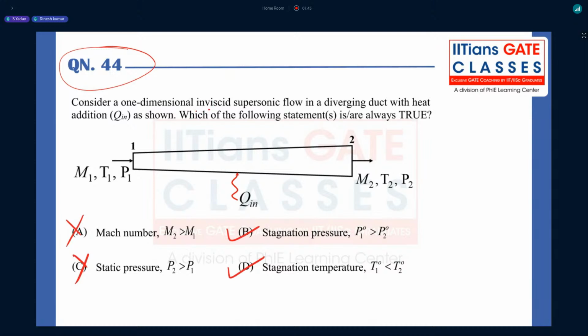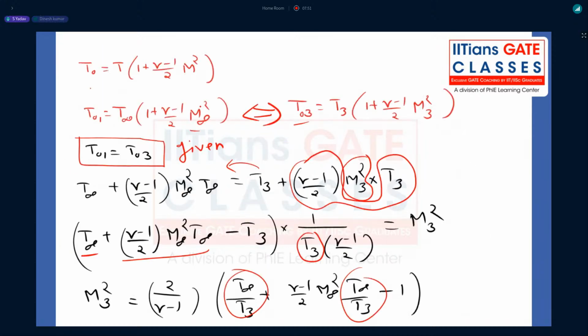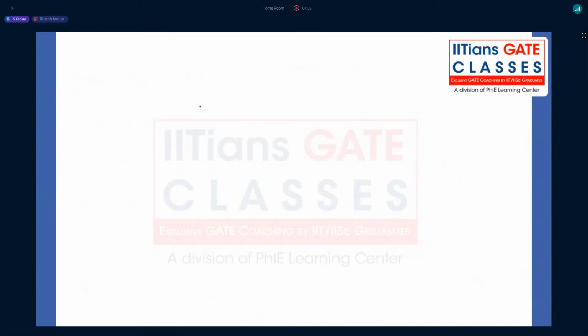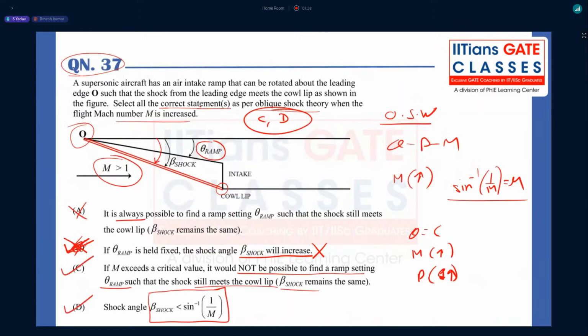Just a moment. Yes, sir. Sir, please move back to question number 37. Yeah. So they are saying B can't be the answer. It is MCQ, not MSQ, sir. Can you look into that?